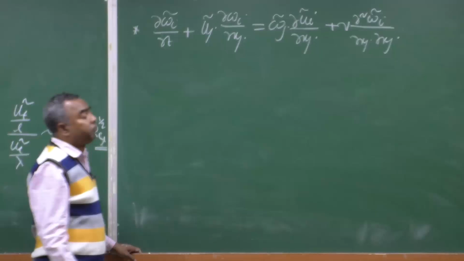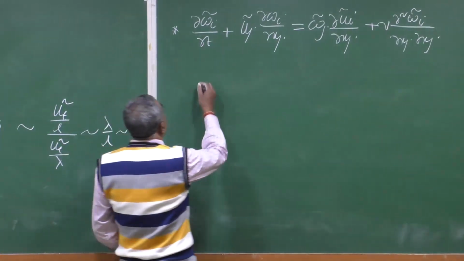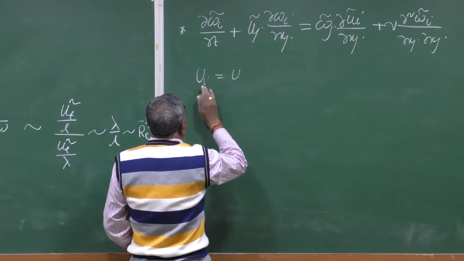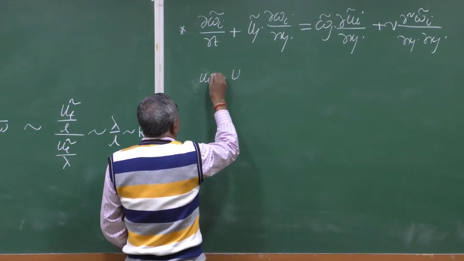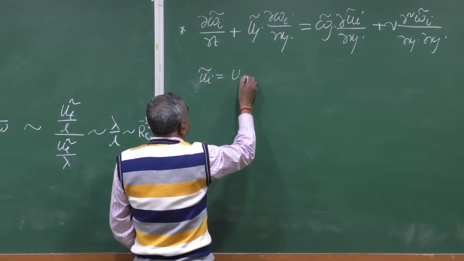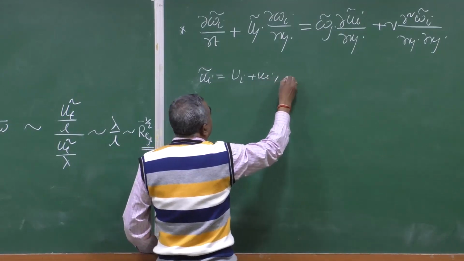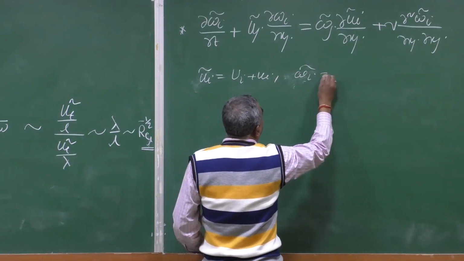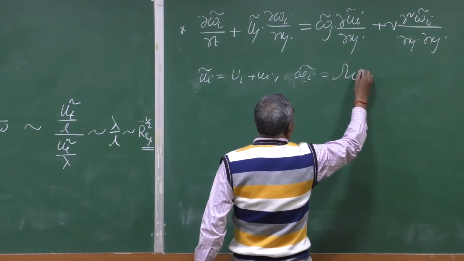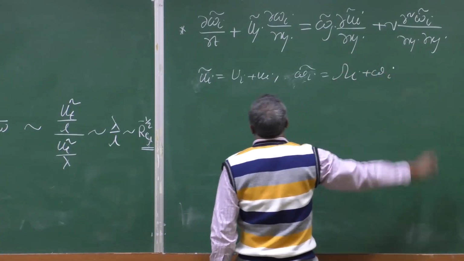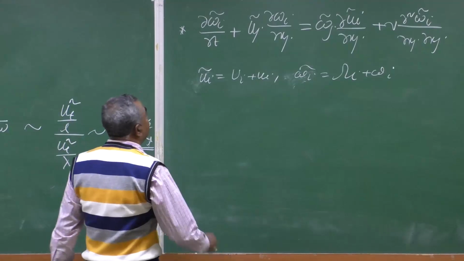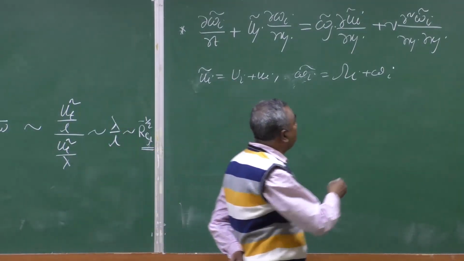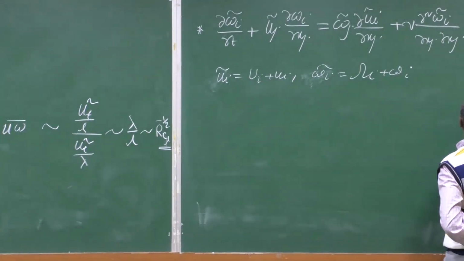Once again, let us consider the Reynolds decomposition, where u I can be written as capital U I plus small u I, and omega I tilde as capital omega I plus small omega I. If we substitute this decomposition into the above equation, let us say this equation is our equation 6.